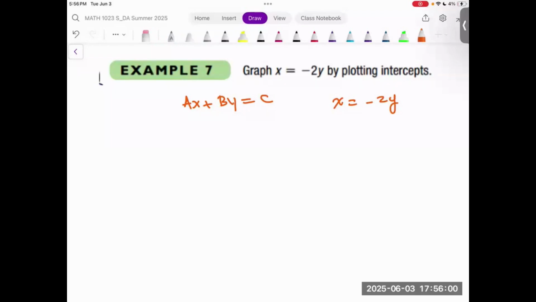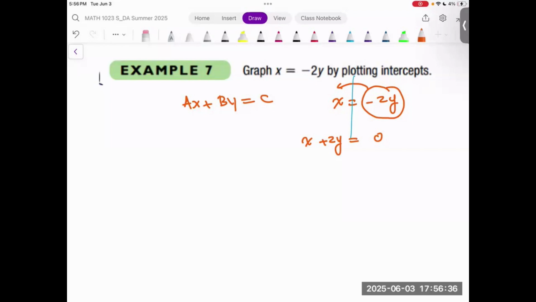You should take this and move it to the other side next to the x. If you move it to the other side, what's going to happen to the sign? It changes, very good. Every time I move a variable from one side to the other, it changes sign. So the x stays, and instead of minus 2y it became plus 2y, equal to 0. Are we okay with this?